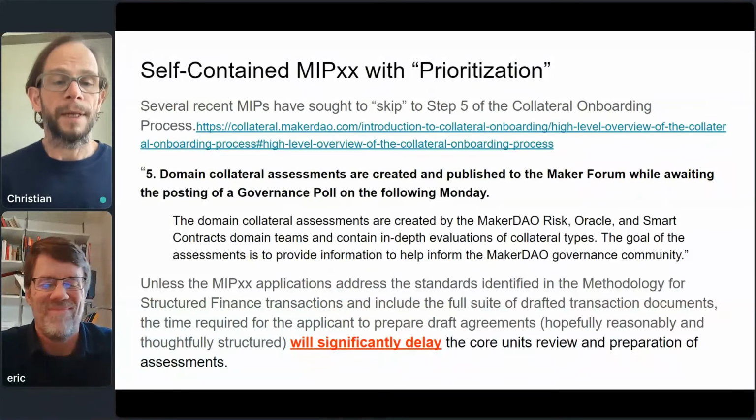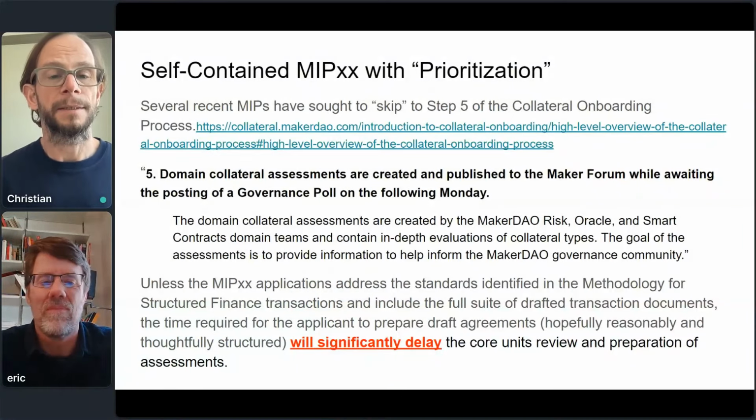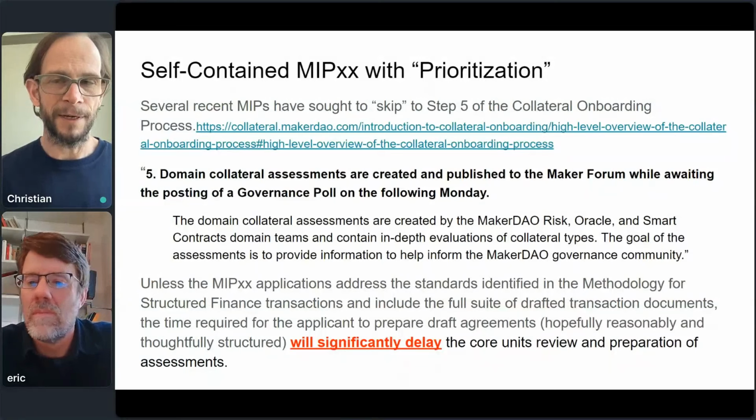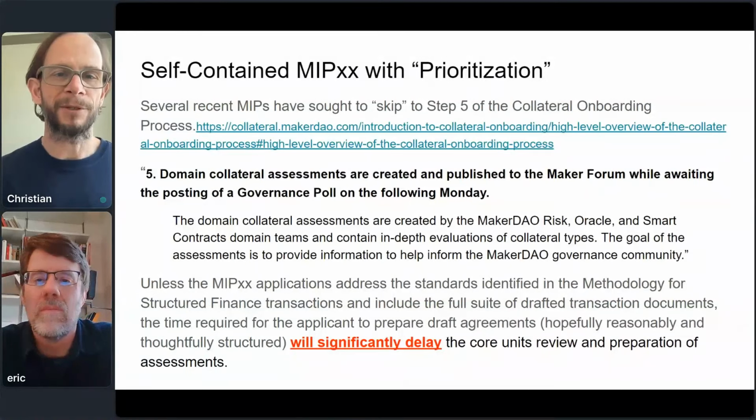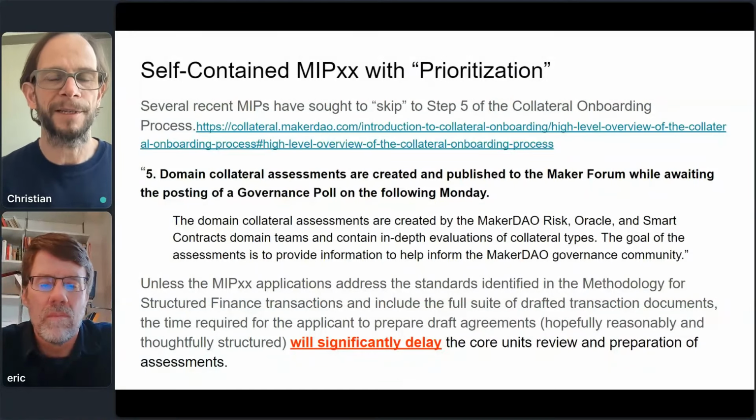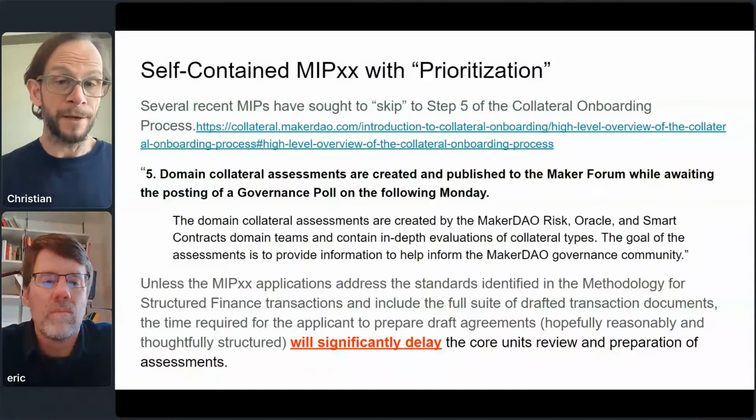So then what I'd like to discuss is the self-contained MIPs that have been proposed to the community, because frankly, these are outside of the process, actually directly contrary to the process we've been trying to establish.